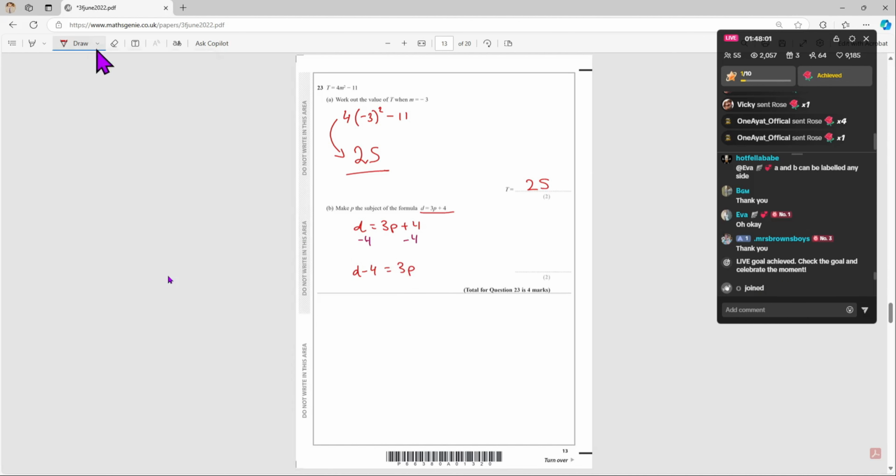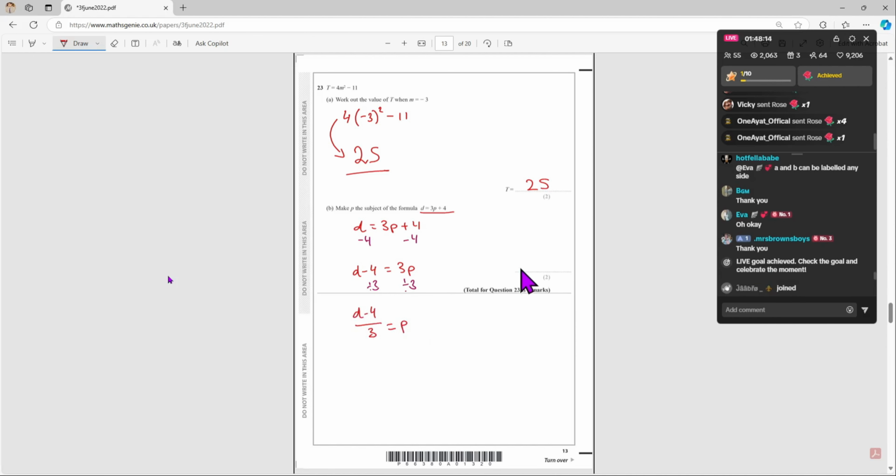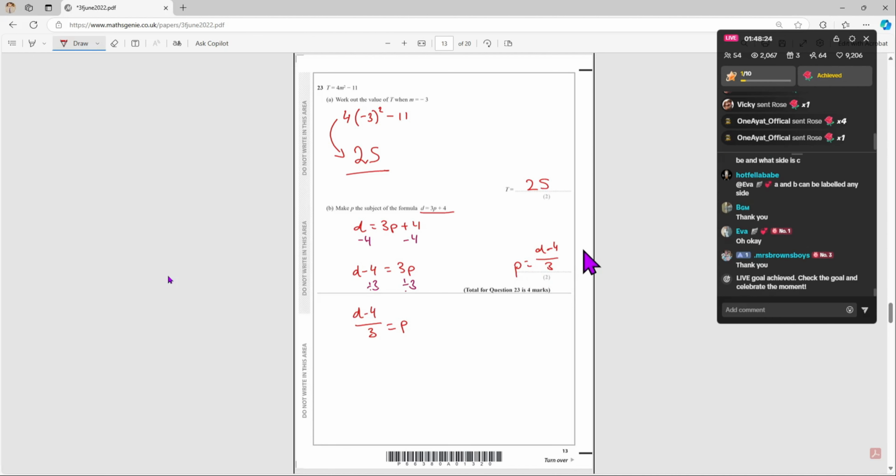And lastly, you just need to divide by 3 on both sides, which gives you D minus 4 divided by 3 is equal to P. So P is equal to D minus 4 over 3. Okay? So well done, guys, for getting that correct.